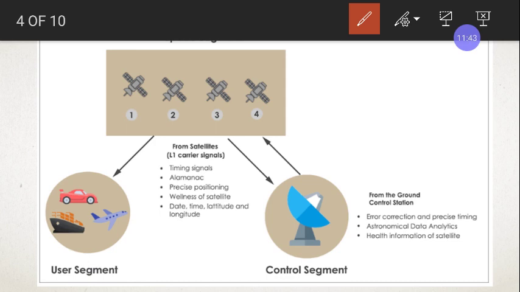That is the work of the control segment. It will control the satellites, check whether the signals sent by these satellites are correct or not, and monitor the health of the satellites, whether they are in proper condition or not.